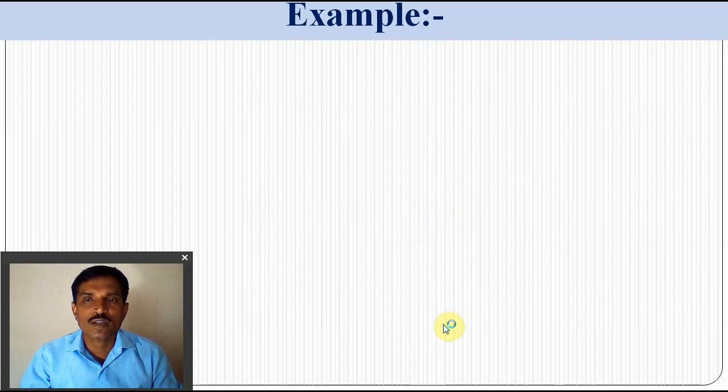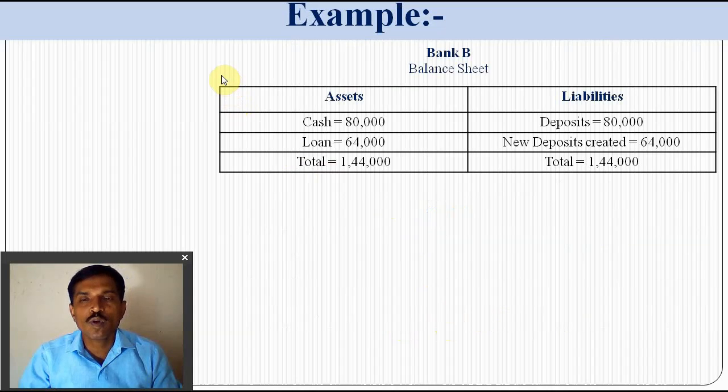When we look at the bank B balance sheet, the customer deposits all 80,000 rupees in his account. So 80,000 for bank B is the cash on the asset side, and deposits are also 80,000, which is the liability. Customer X deposits into this B bank.